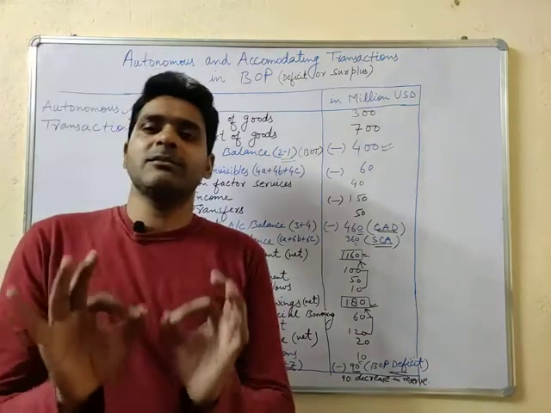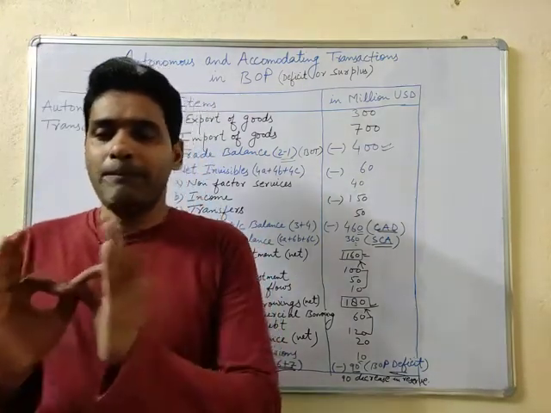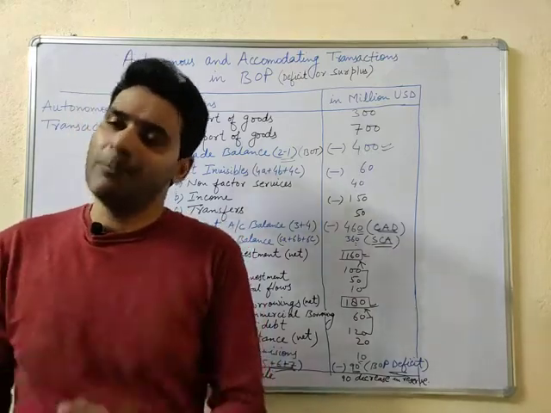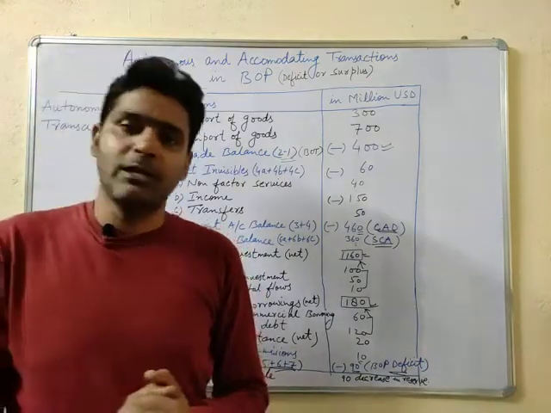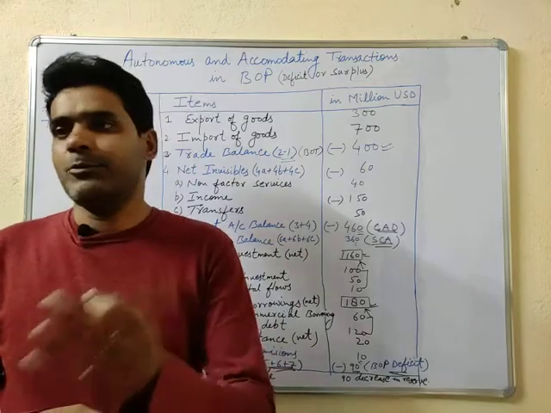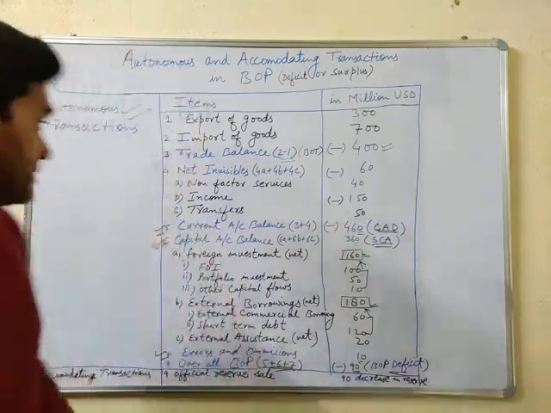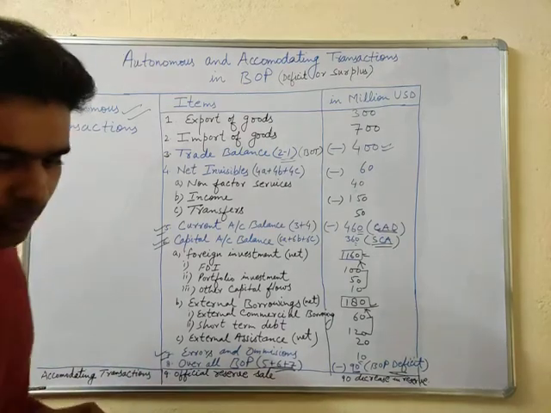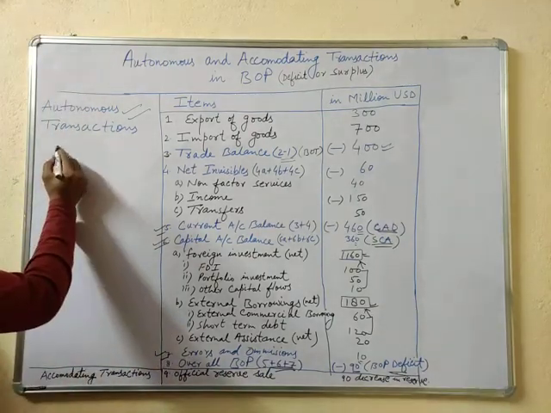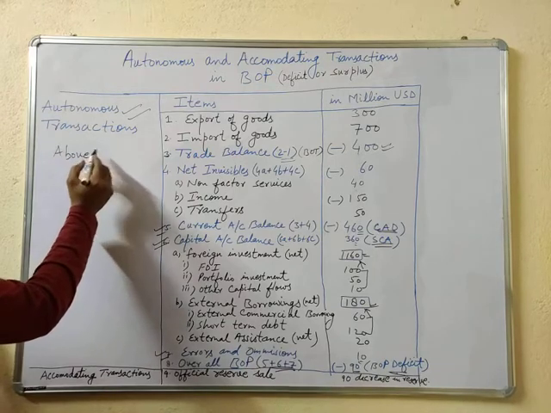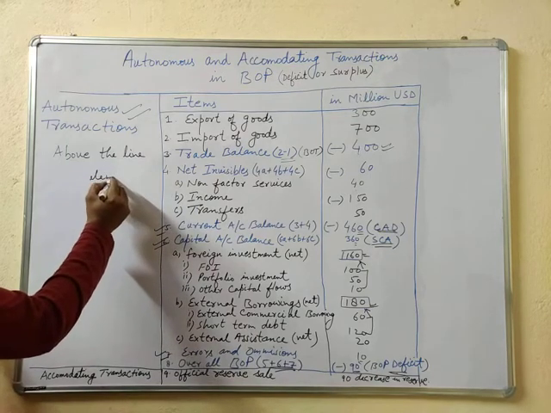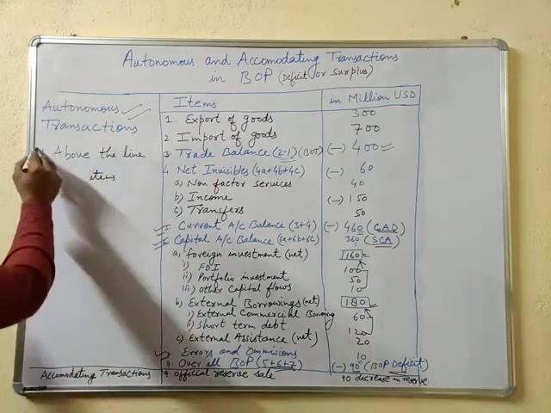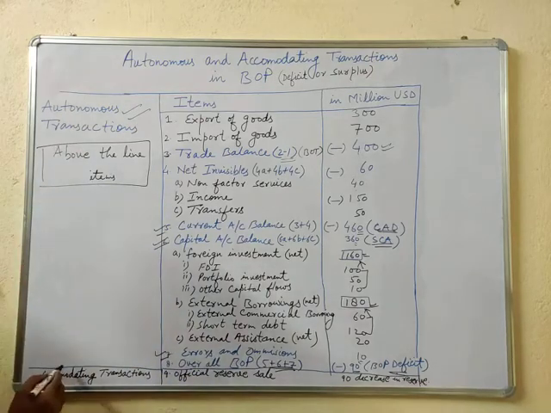Accommodating transactions are done for the balance in the balance of payment account, and autonomous transactions are those which are done for the economic motive of profit maximization. That is why these autonomous transactions are also called above the line items, and the accommodating transactions are also called below the line.